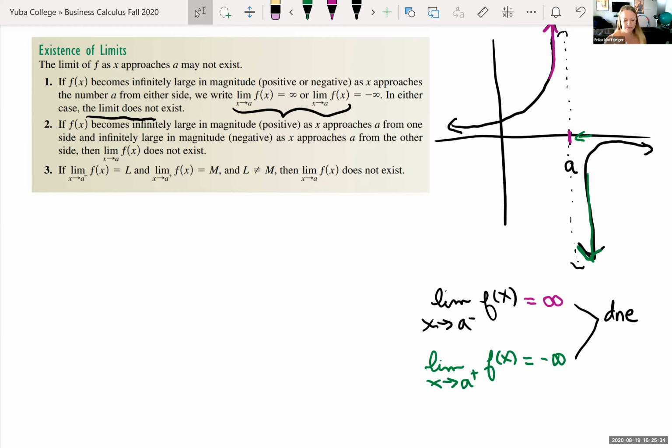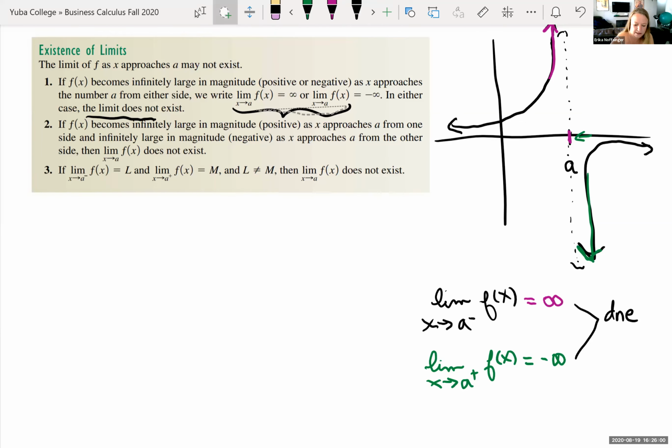Okay, so that's one case. If f of x becomes infinitely large in magnitude, positive as x approaches a from one side, and infinitely large in magnitude negative as x approaches a from the other side, then the limit of f of x as x approaches a does not exist. This is an example that we just did.